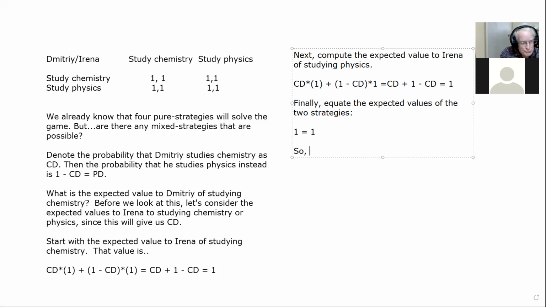So what probability or probabilities of Dimitri studying chemistry will solve the problem? You can take a moment to think about that problem for extra credit.